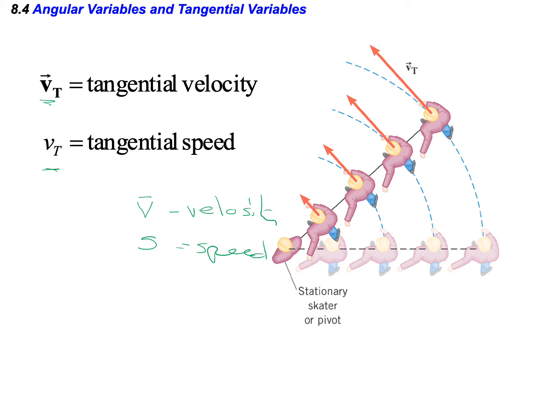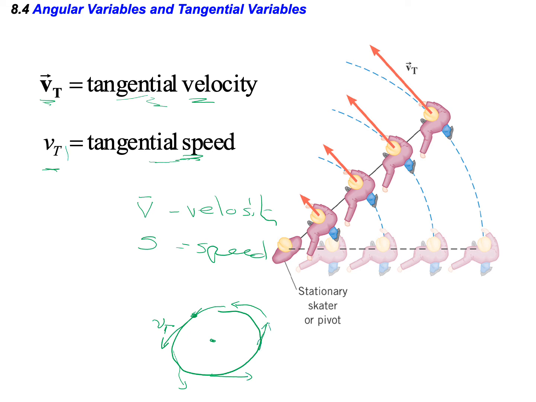So if an object is in rotation around the axis, and if you draw a tangent to that point, this is tangential velocity, T for tangential, italic V for speed, and velocity. Velocity keeps changing because even if you maintain the magnitude constant, we keep changing the direction. Therefore, tangential velocity always changes, but we can keep the tangential speed constant because speed doesn't have a direction.